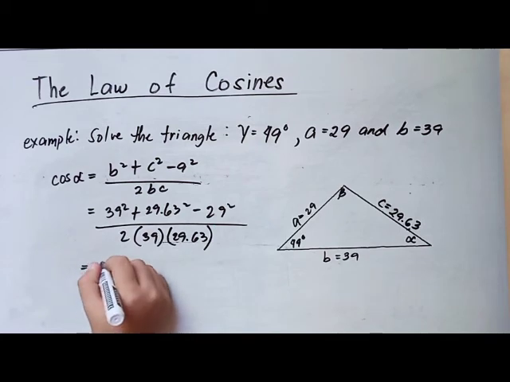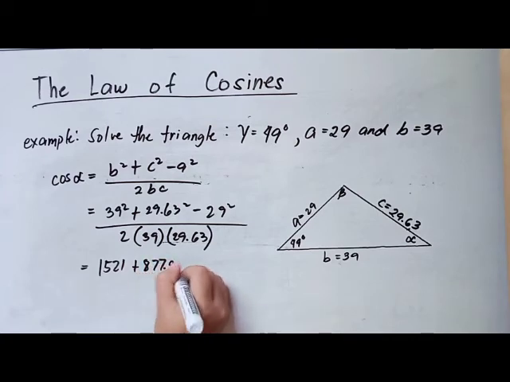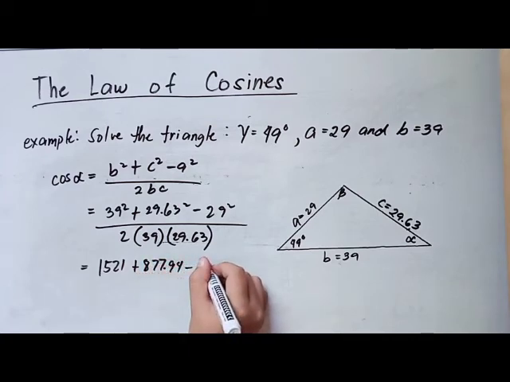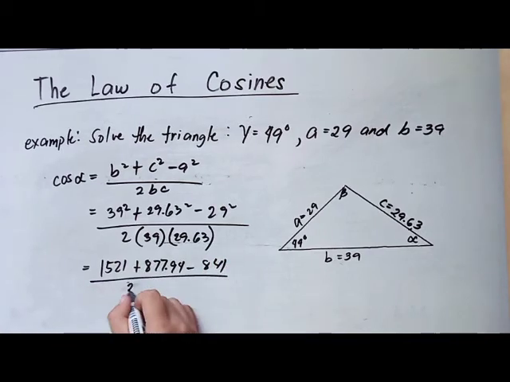So, that is equal to 1,521 plus 877.94 minus 841 all over 2,311.14, and that is approximately 1,557.94 all over 2,311.14.